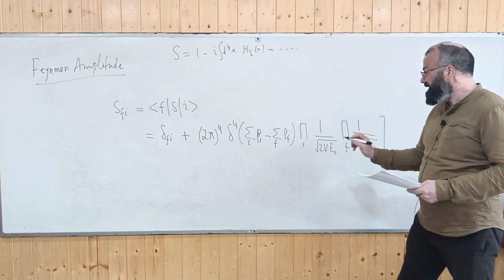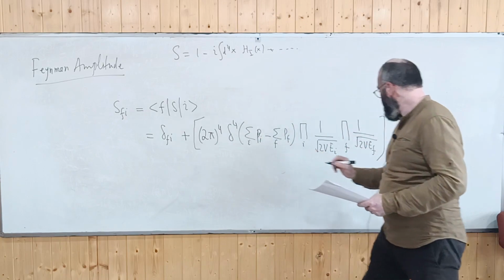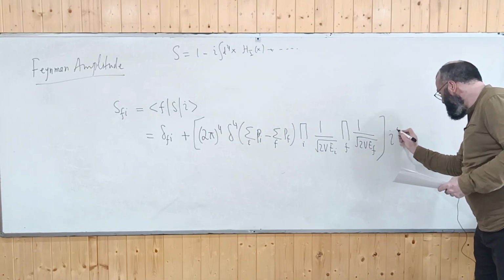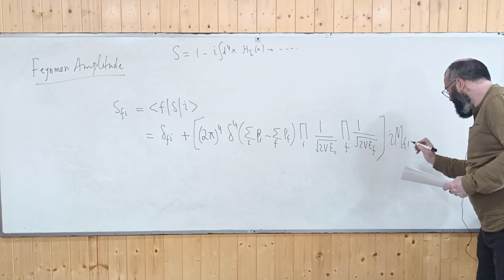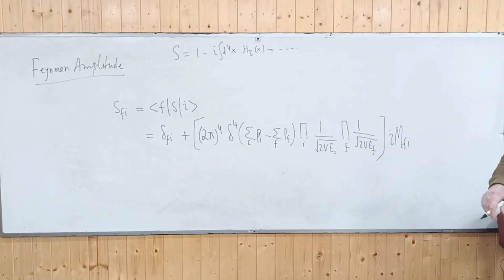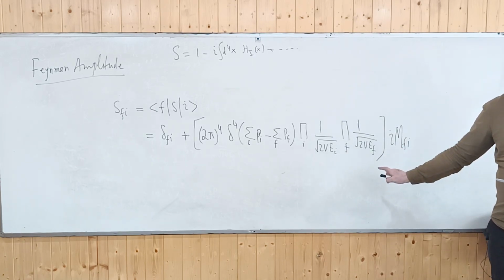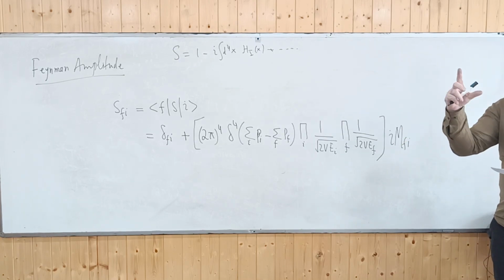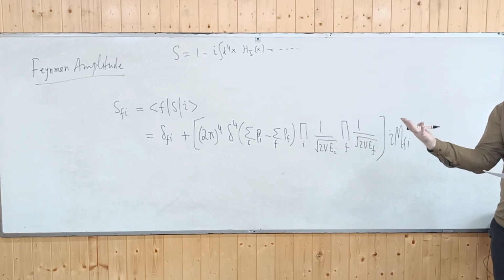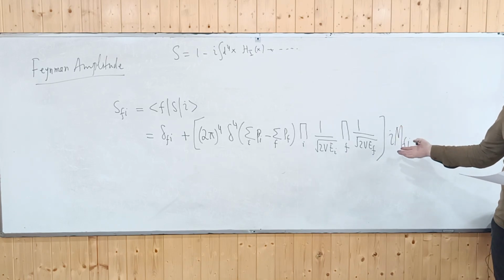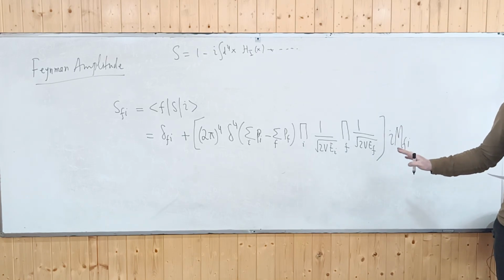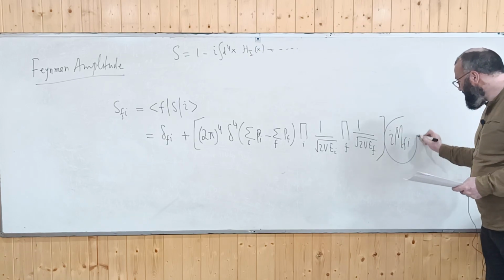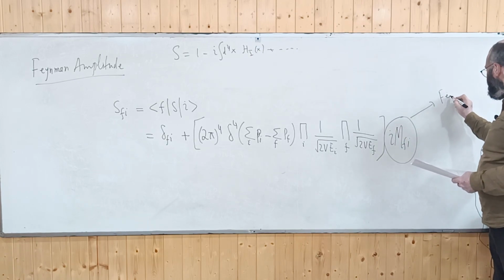So let me keep this in terms of these braces and put all the rest of the factors as i M_FI. It will contain the coupling constant at a given order of perturbation. It will give me the factors for the external lines. It will give me the propagators as well. We call this very factor the Feynman amplitude.